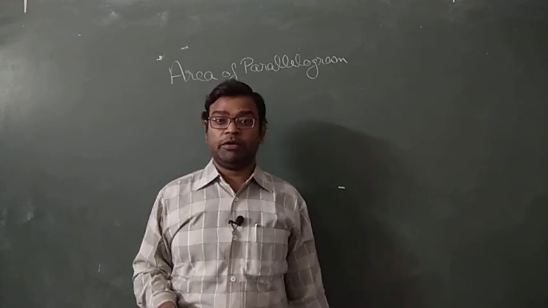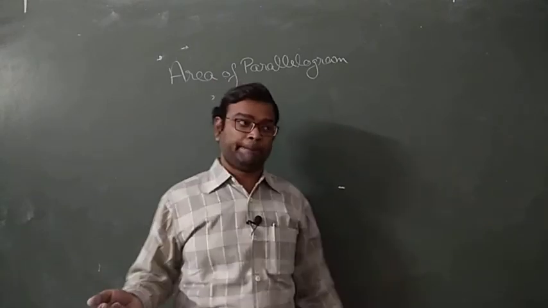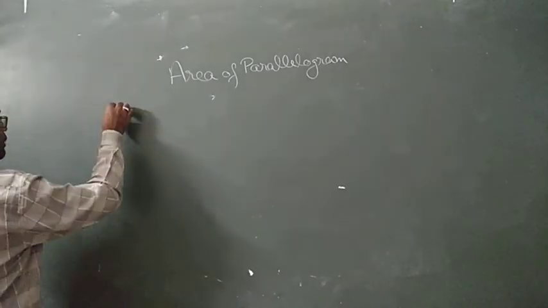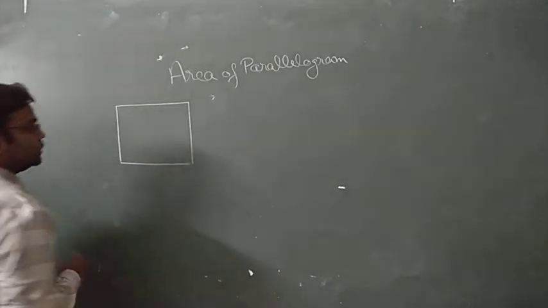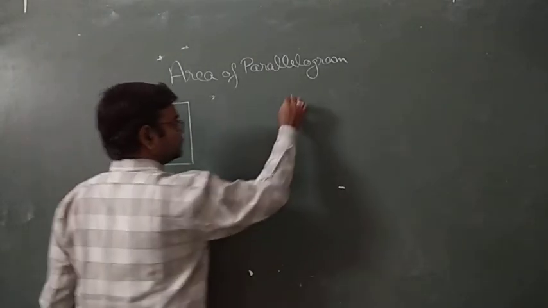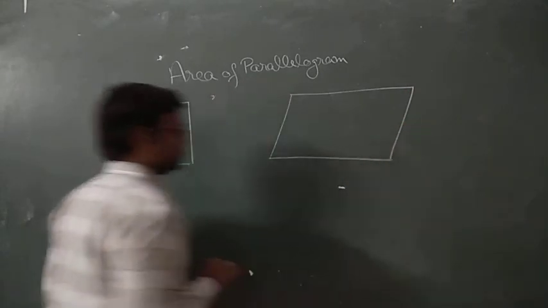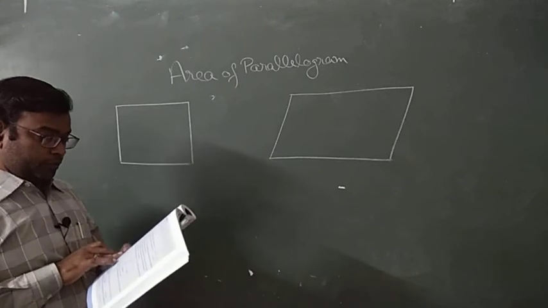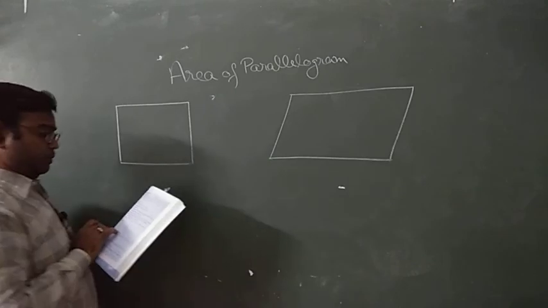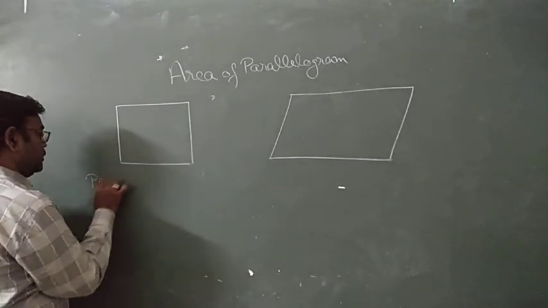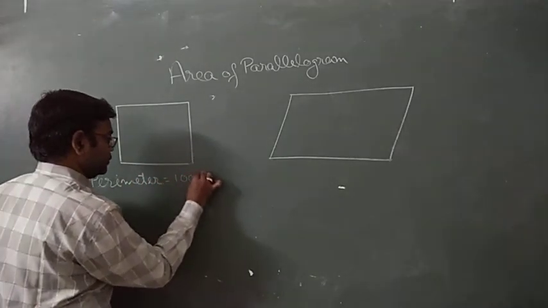First we have to draw the figure and note down what is given to us, then only you can start to solve. Clear? So in this case we have a square, this one, and another one is your parallelogram. Now both areas are equal. The perimeter is given, equals 100 meter.